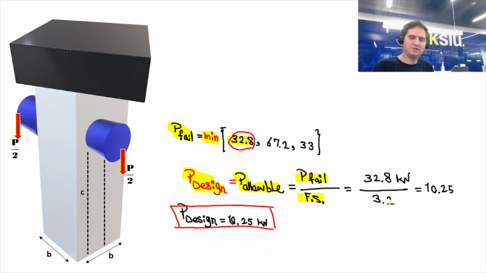The entire system has a factor of safety of 3.2. So P failure, 32.8 kN, over the 3.2 factor of safety gives us 10.25 kilonewtons, which is the design force.